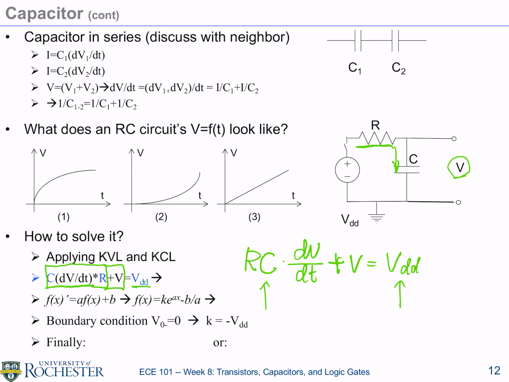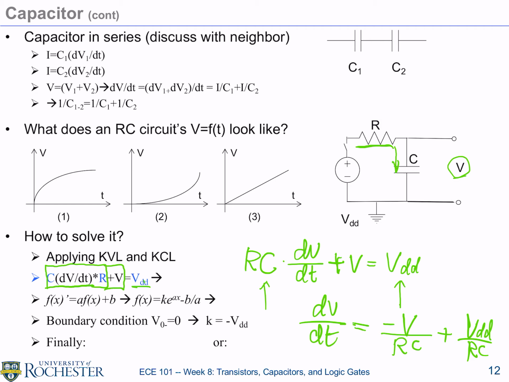What function is like that? What function plus its derivative is some constant? Another way of thinking about it is you can remove it. What function's derivative is itself? Okay, dividing by some constant plus some constant.